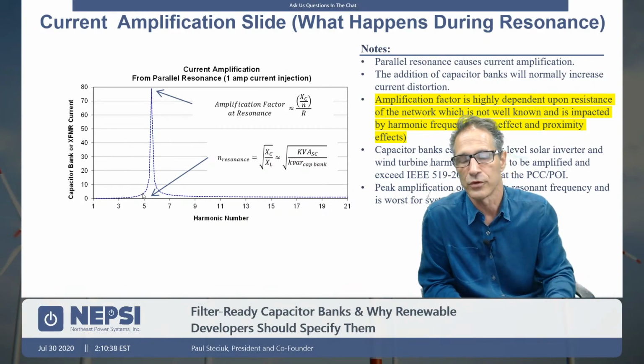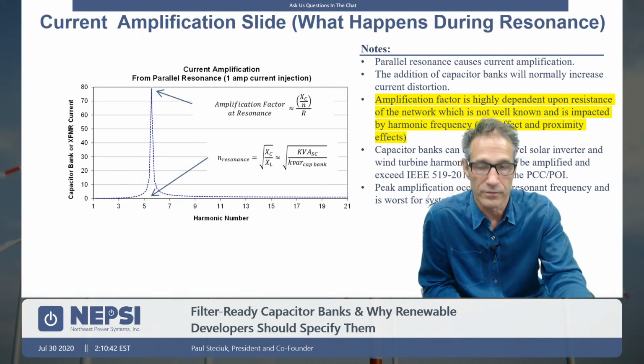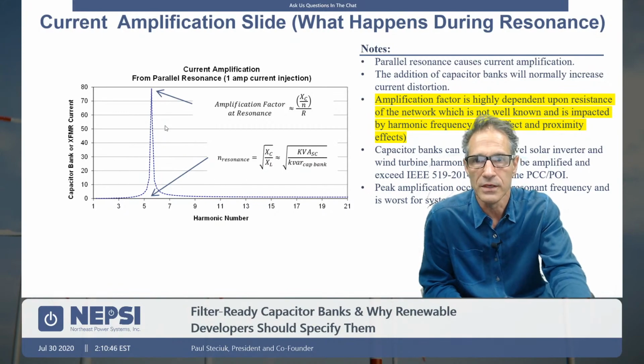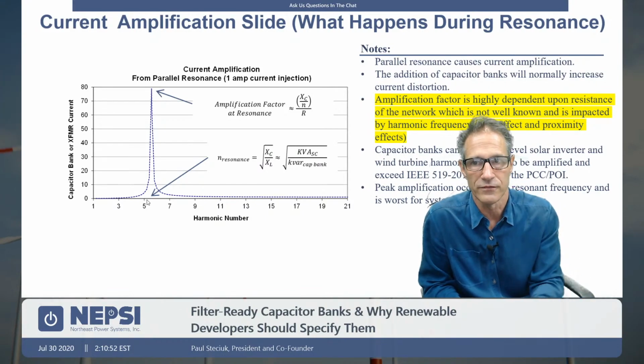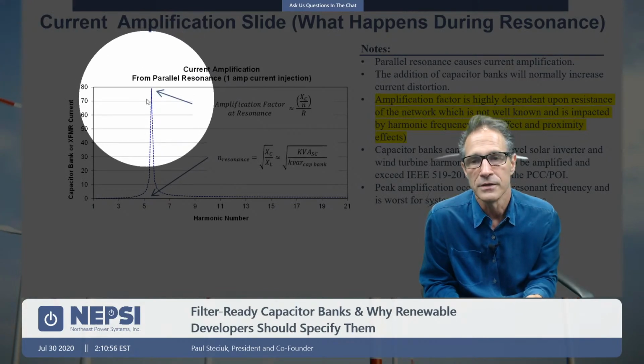That would represent amplification of the current coming from the inverter, the solar inverter or the wind turbine. The peak of this amplification factor, if it lines up with a harmonic, can be quite significant. We're showing 80 times here in this case. So that's quite a bit.